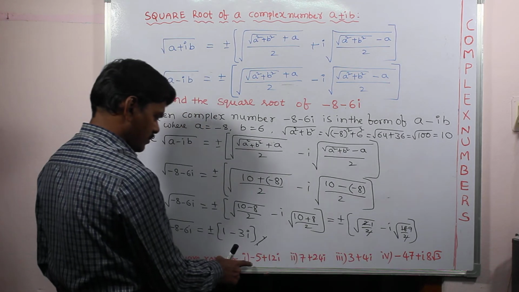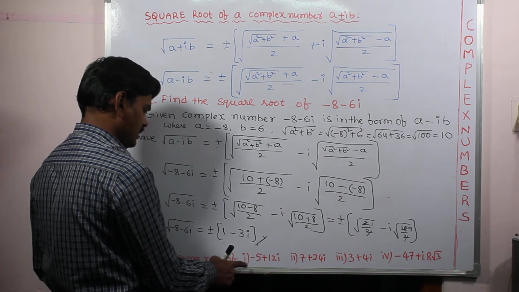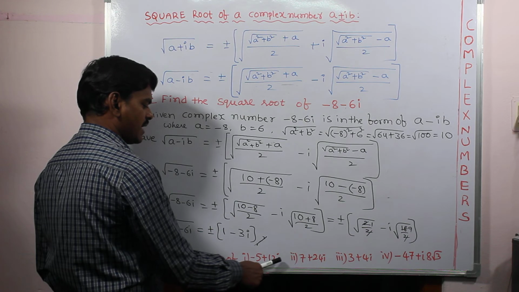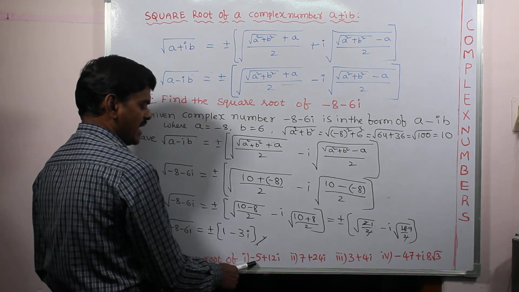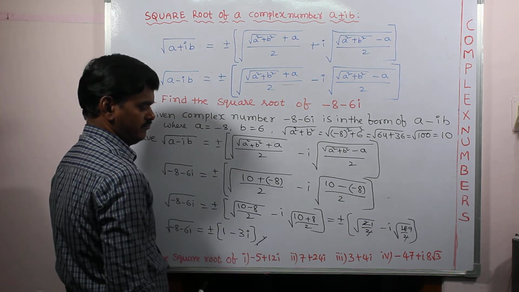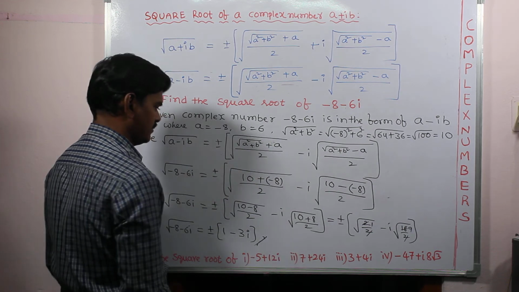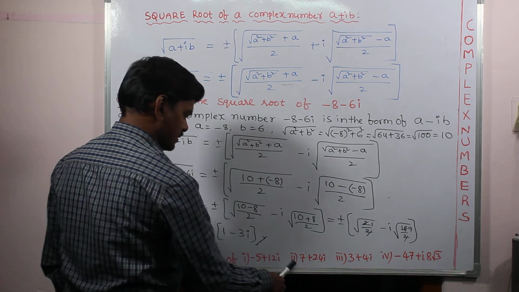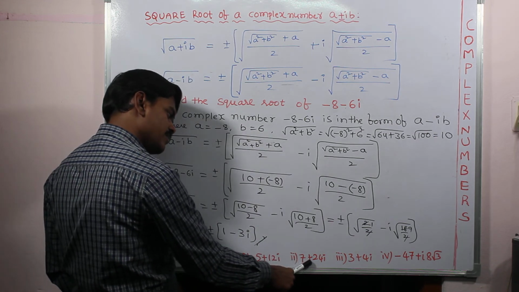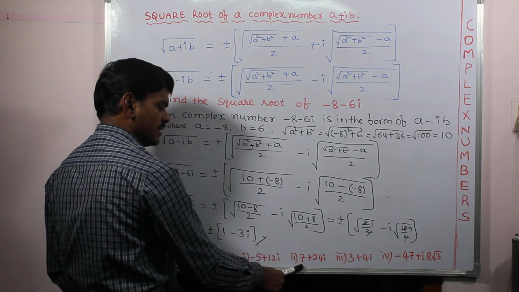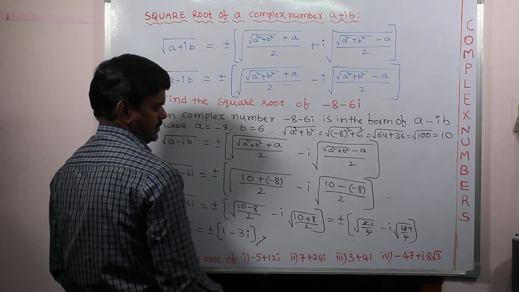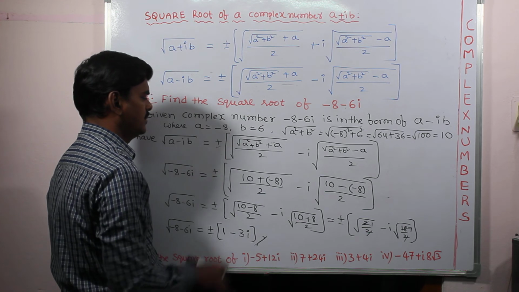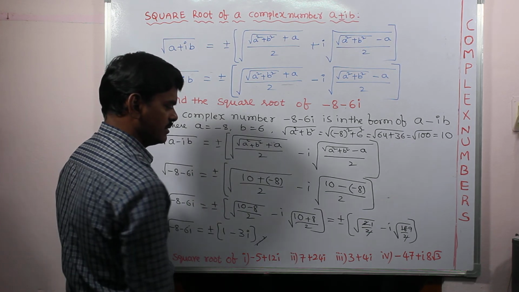If you observe this one, minus 5 plus 12 iota is in the form of a plus iota b, a is minus 5, b value 12. So use the same procedure, use the first formula, root over a plus iota b. Next, the second one is also in the form of a plus iota b, a value 7, b value 24. So just the a and b values change, the formula will be the same, so the simplification will be the same.